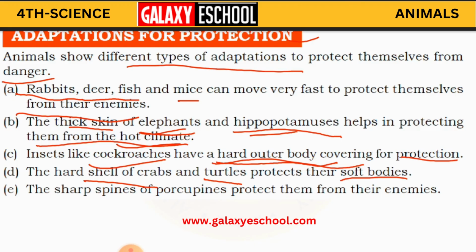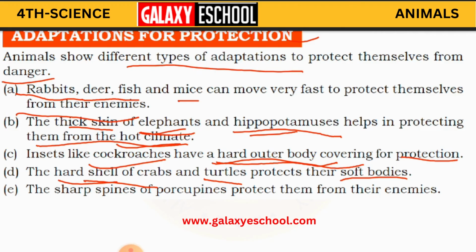Because their body is very soft and smooth, they would easily get hurt by so many factors, by other animals or by plants, whatever it may be. So this hard shell on the outer layer of the body protects crabs and turtles from the climate and also from other animals.